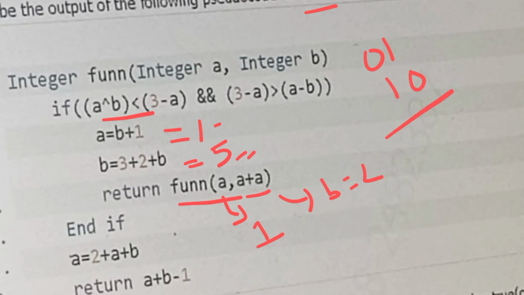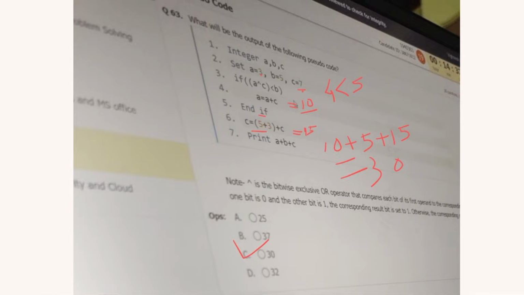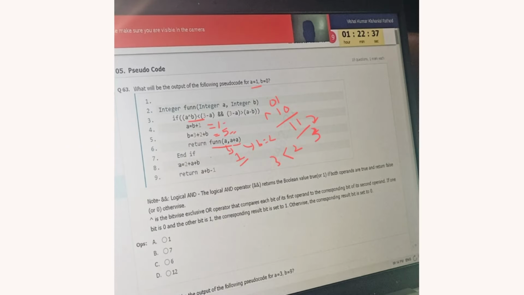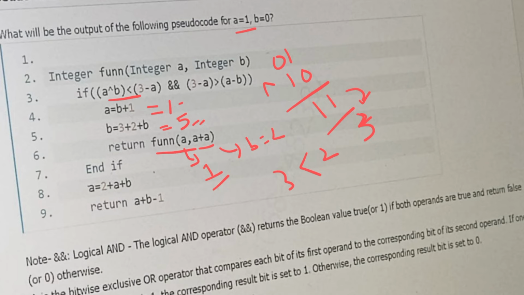So if we calculate the XOR operation, one condition is true, one condition is false, so it is true, true. This is the binary representation of 3. So 3 less than 3 minus a. a is 1, so 3 minus a is 2. So this condition becomes false.